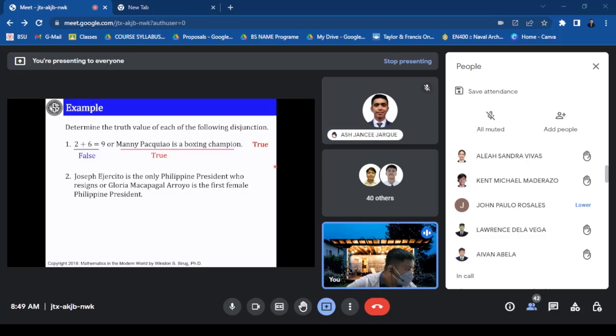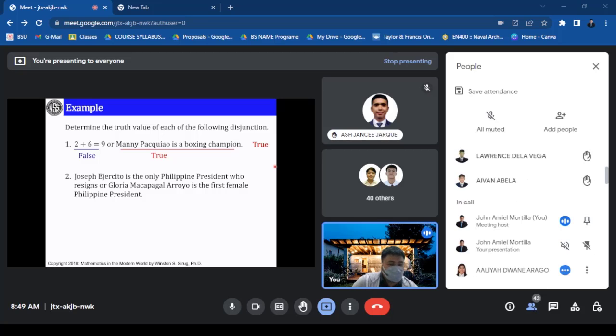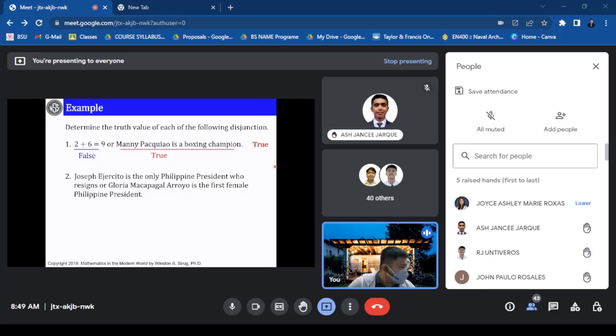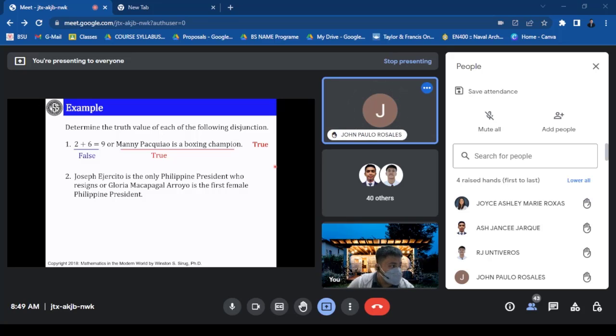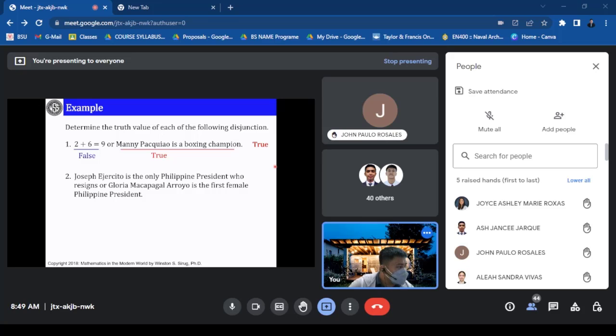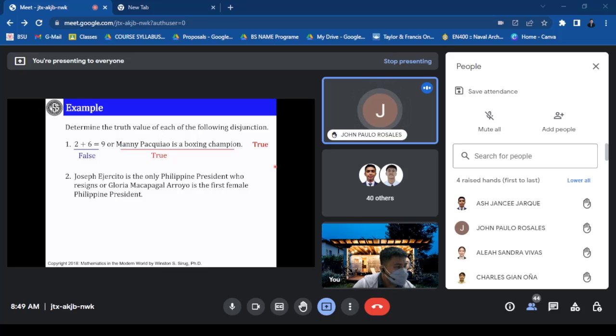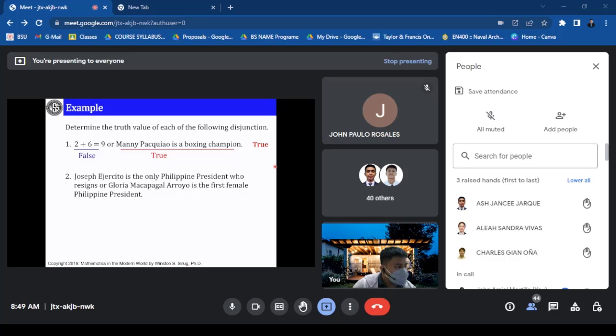How about number 2? Okay, ito. John Paulo Rosales. Okay, what is your answer for number 2? False po, sir. Okay, why is it false? Kasi Joseph Ejercito is the only Philippine president who resigned, and Gloria Macapagal Arroyo is not the first female Philippine president. Teka, ano ang number 2?